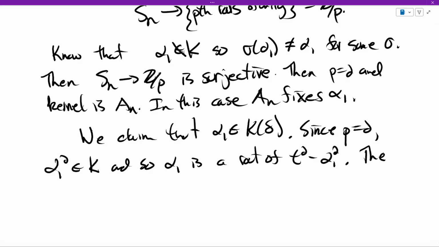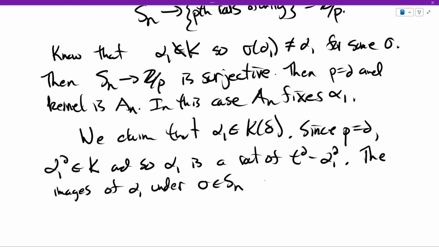Okay. So this is the minimal polynomial of alpha 1 over K. Now, the images of alpha 1 under the Sn action. Well, this is in K, so Sn has to just permute the roots, right? Because Sn leaves K alone. K is the symmetric expressions in the roots. So it has to leave this polynomial alone, and so it can only interchange the roots of it. It can't send the roots somewhere else. Okay?